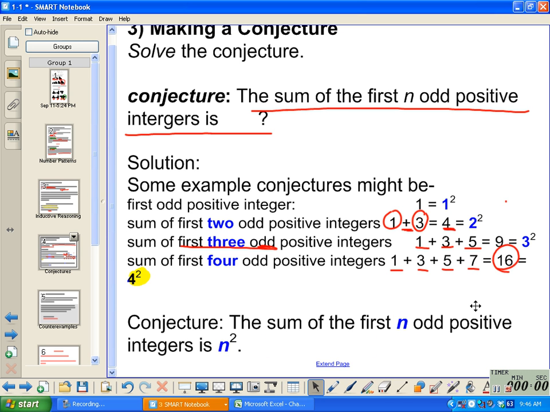Now, based on our conjecture or hypothesis, we write what we believe the theory is. In this particular case, we believe that our theory says the sum of the first n odd positive integers is n squared.